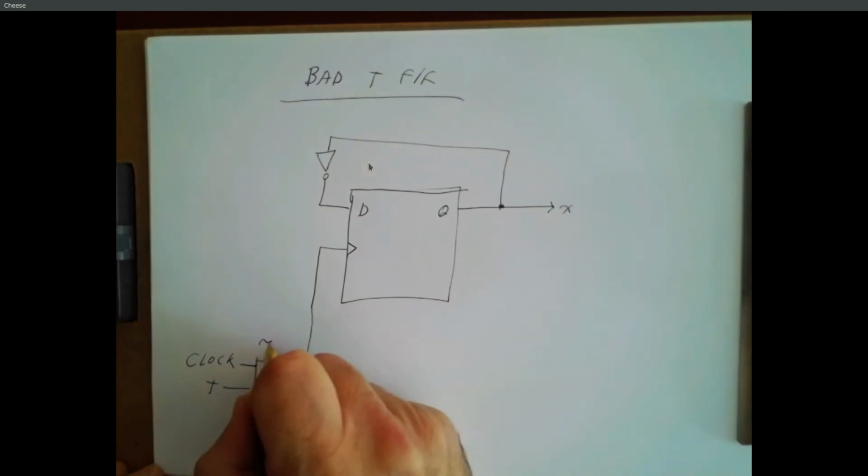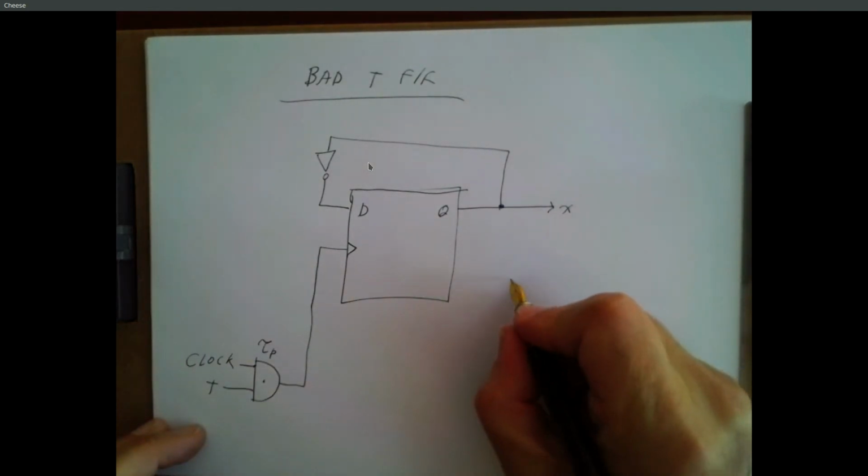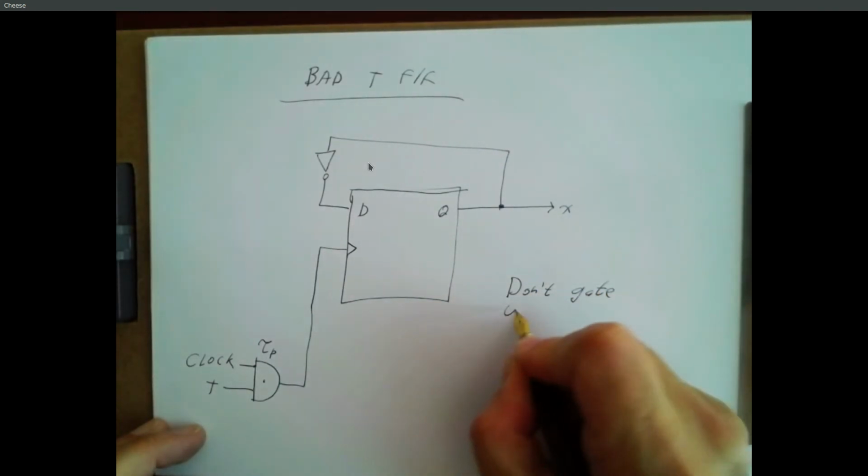And there's a propagation delay associated with gates. So this flip-flop's going to be flipping at a different time from the other flip-flops. That's a problem, because that's where we get glitches from, and we know glitches lead to all kinds of bad things. So the golden rule is don't gate your clocks.